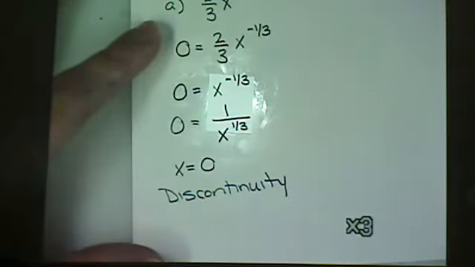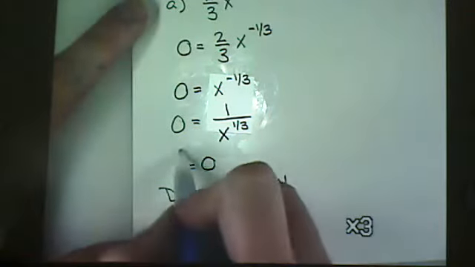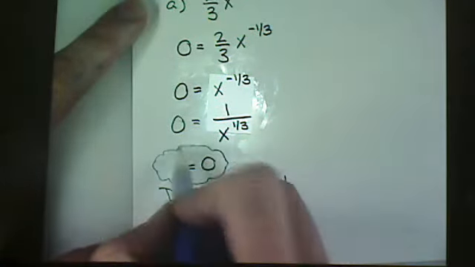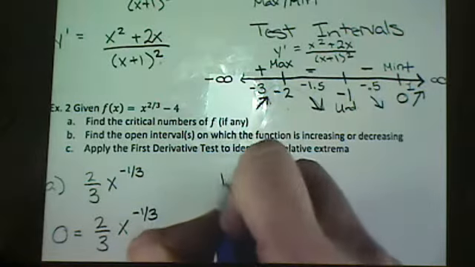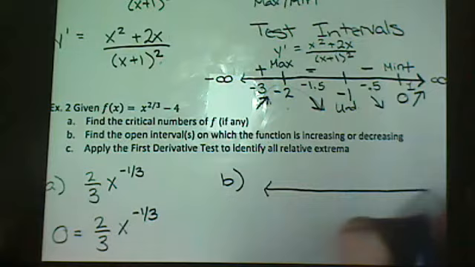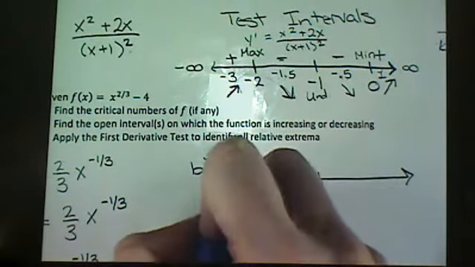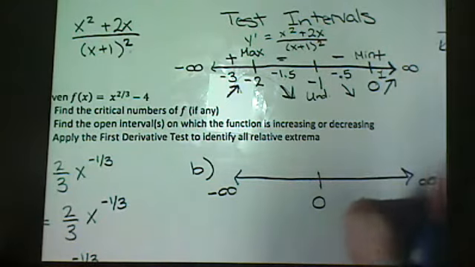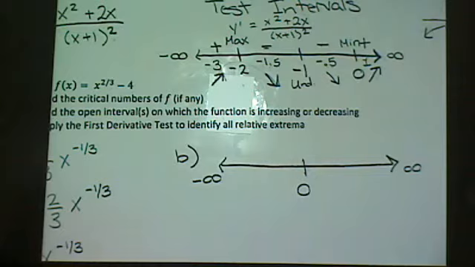We're now going to find the intervals on which the function is increasing or decreasing. Remember, this is our only critical number, so when we create our test interval, that's going to be the only number on the interval. It's kind of nice because now we can pick really easy numbers.